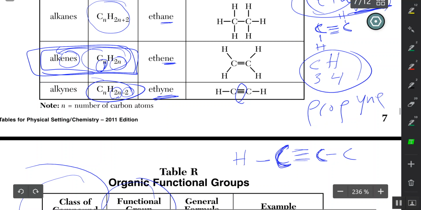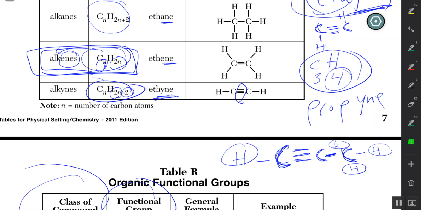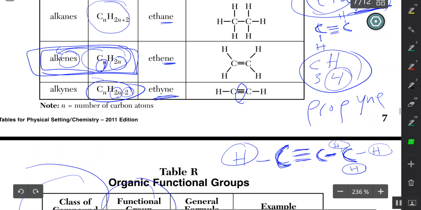This one is already bonded 4 times, 1, 2, 3, 4, so it doesn't need any more hydrogens. This carbon is bonded only once, so it needs 3 more hydrogens, 1, 2, 3. And now I have a total of 4 hydrogens, which obeys my organic compound formula here, and then I have 3 carbons, which obeys my formula as well.